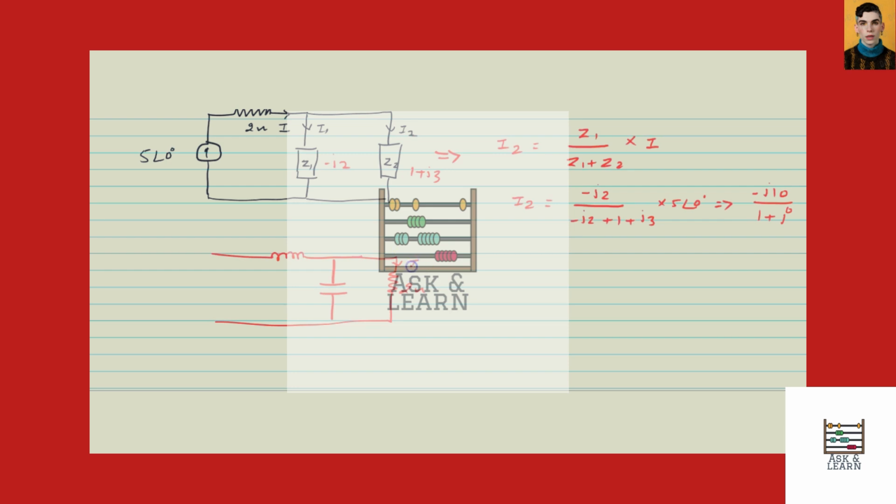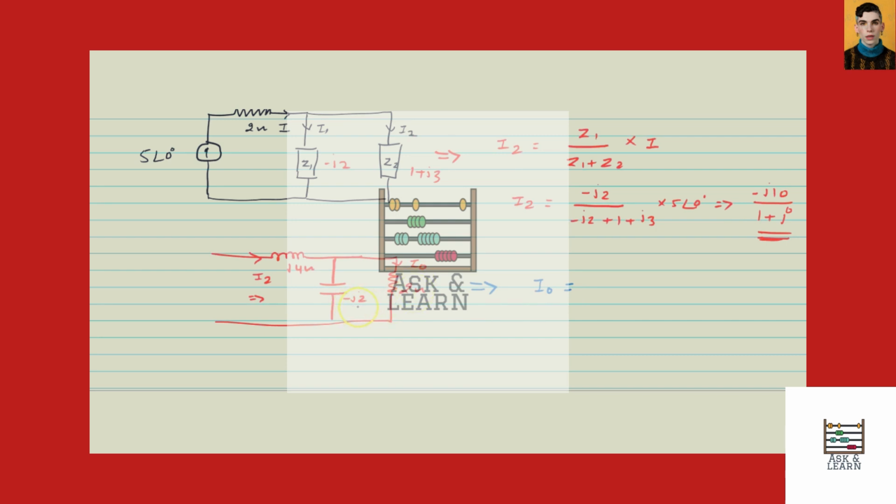This is the current I0 and this is the current I2, with j4 and j2. So again we have to find where the value of I2 goes, and apply the current division rule again. Then I0 is the current across the 2 ohm resistor.